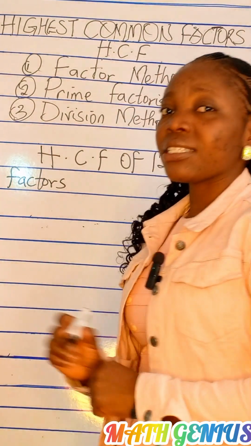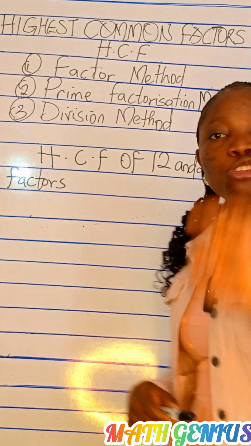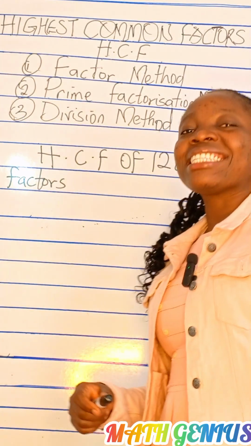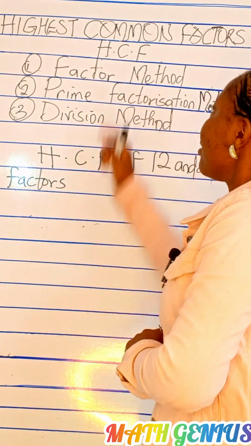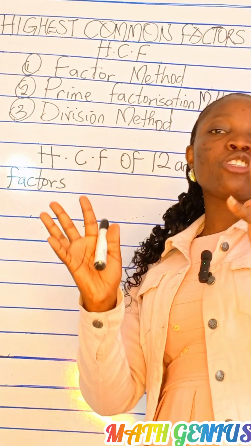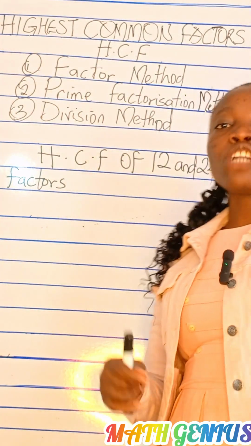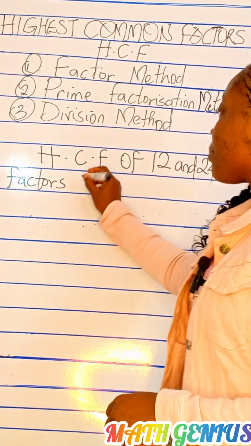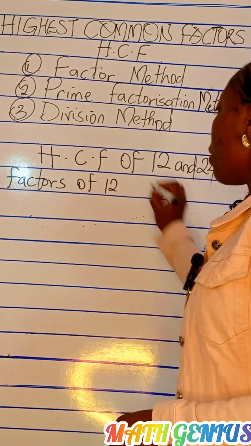All factors, get my statement very clear. All factors, not some factors, because it is the highest factor that will be the HCF, that will be the answer. If you end up just finding a few factors of this particular number and a few of the other, you may not get the accurate answer. So it is very advisable you find all factors of the given numbers.